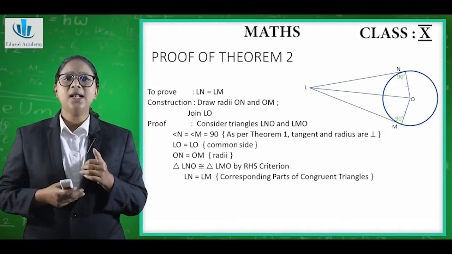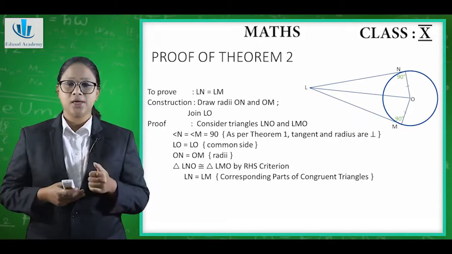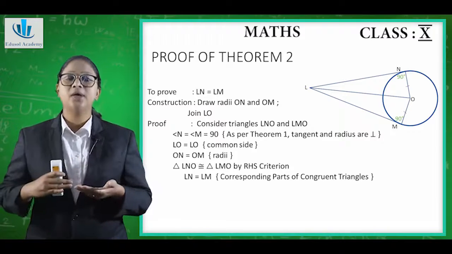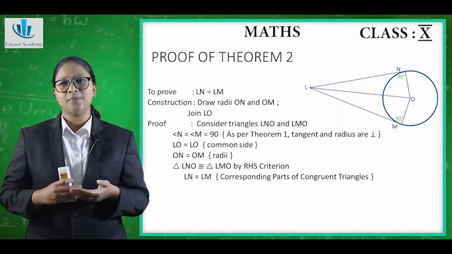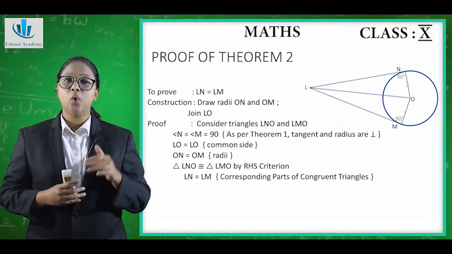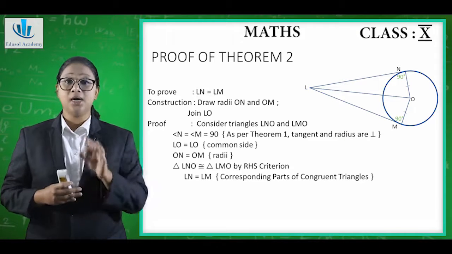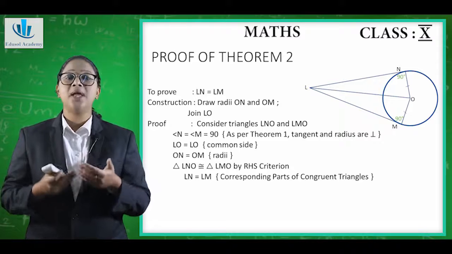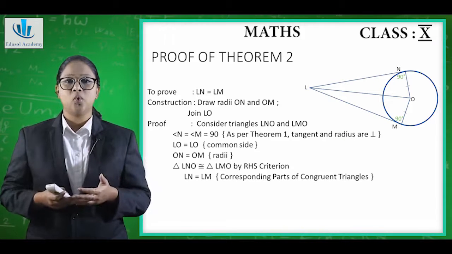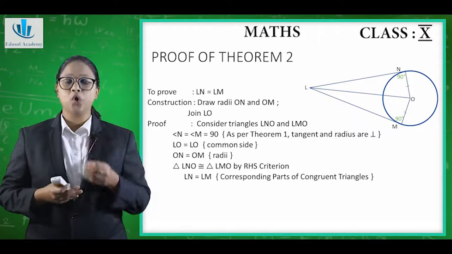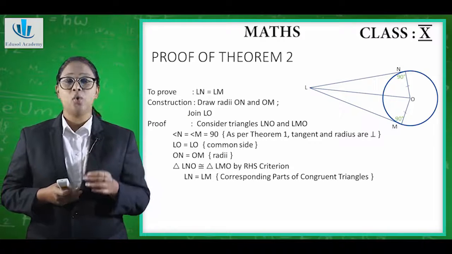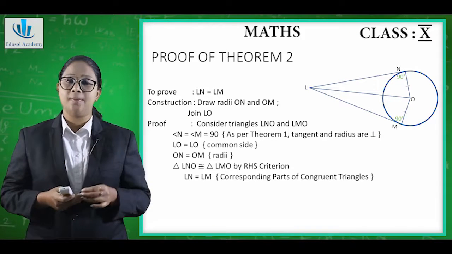We can see that angle N and angle M are 90 degrees each. Remember Theorem 1? The radius is perpendicular to the tangent. That's right. Now we can see that LO is a common side. Thirdly, ON and OM are both radii of the same circle. So applying the RHS congruence criterion, we can say that triangle LNO is congruent to triangle LMO.